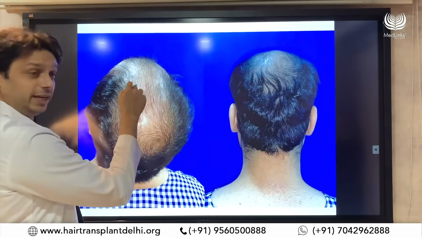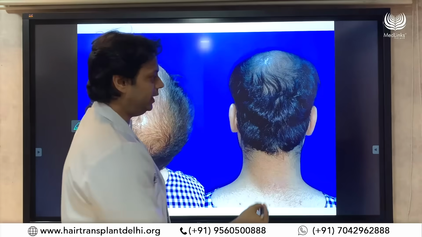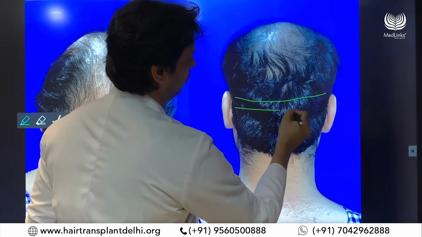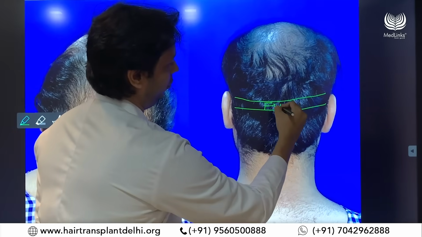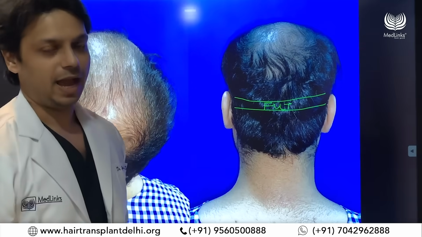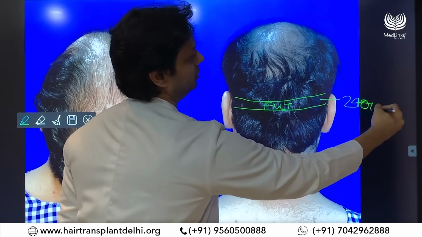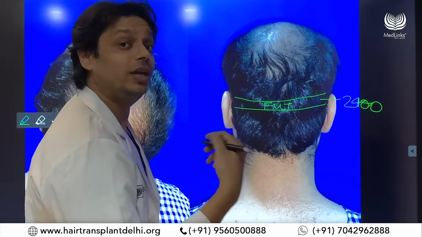So, a big area to cover. Thus, what we did was a 1.25 centimeter broad strip FUT, and we planned 2,400 grafts through this. Second was FUE.